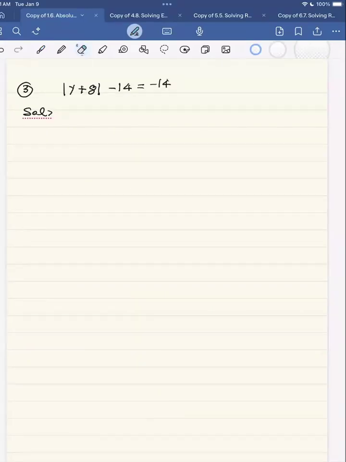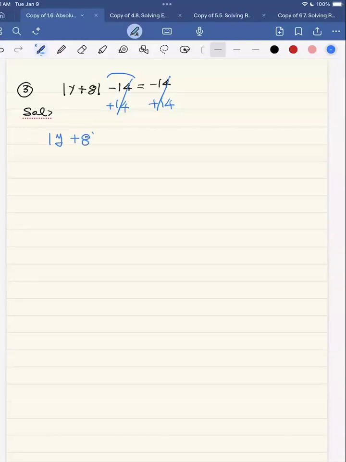In number 3, we have the absolute value of y plus 8, minus 14 equals minus 14. We want to eliminate this minus 14 from the left side. To do that, we add 14 on both sides. Then the left side will be the absolute value of y plus 8, and that is 0.